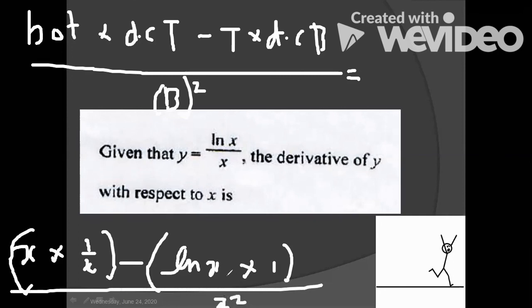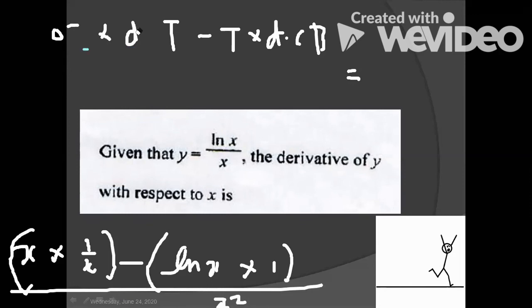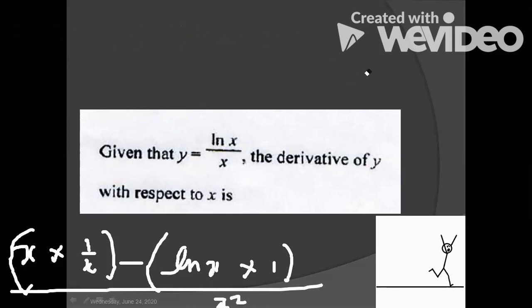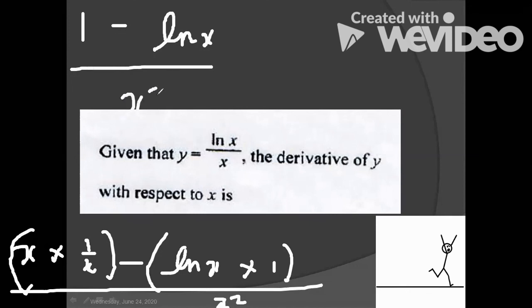So all we need to do is simplify this expression here. Going up top, x times 1 over x will give us 1. Subtract ln x times 1, which is just ln x, all over x squared.